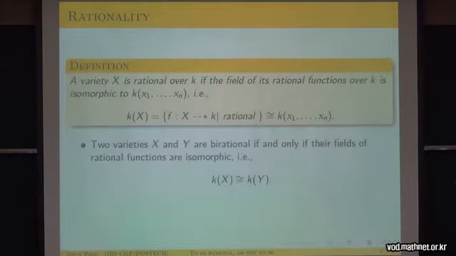But if two varieties are birational, then their fields of rational functions are isomorphic. The rational function field of Pn is just the quotient field of the polynomial ring. So that's why this definition follows from, and is equivalent to, the previous definition.